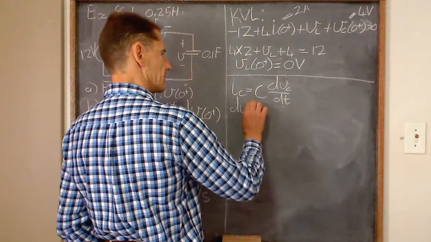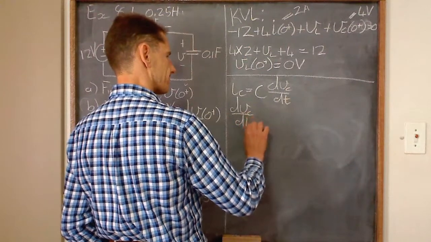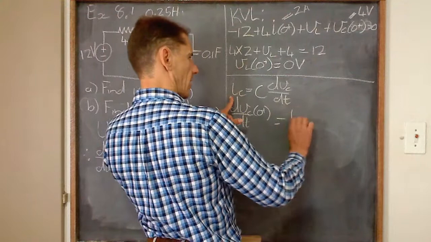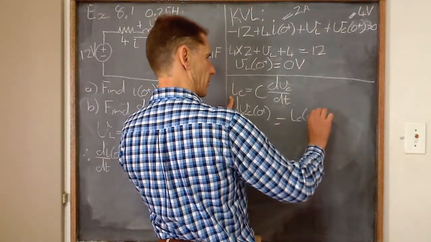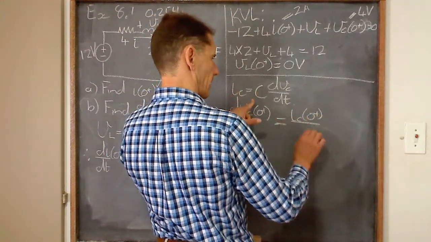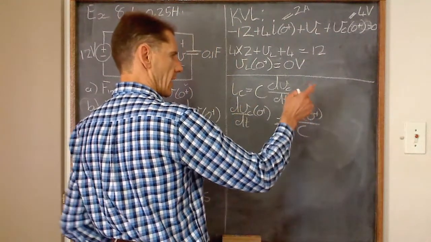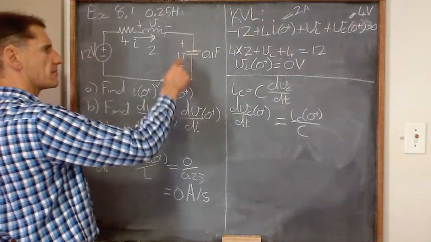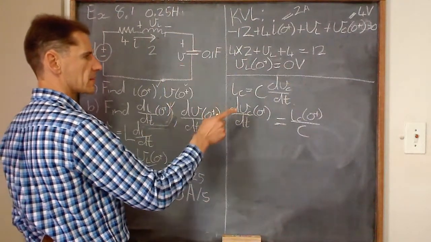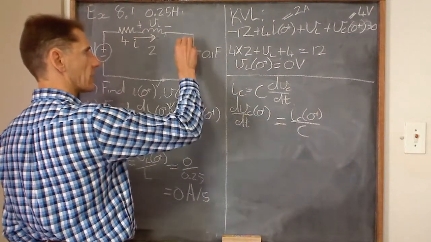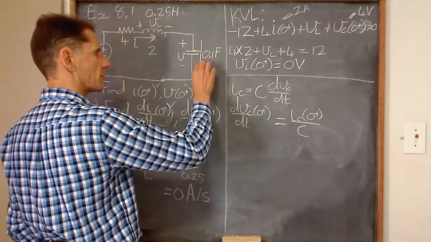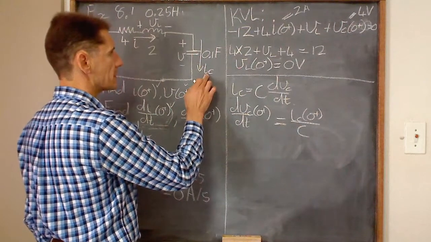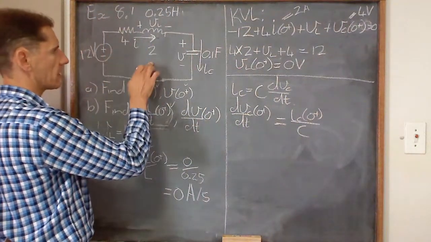So in other words, dVC/dt at time 0 plus must then equal this IC at time 0 plus divided by the capacitance. Now, how do I get IC at 0 plus? Back to this circuit. Here's the voltage across the capacitor. So where's the current through the capacitor? Well, it's plus at the top, so the current through the capacitor will have to flow down. How am I going to calculate this IC looking at my circuit diagram?